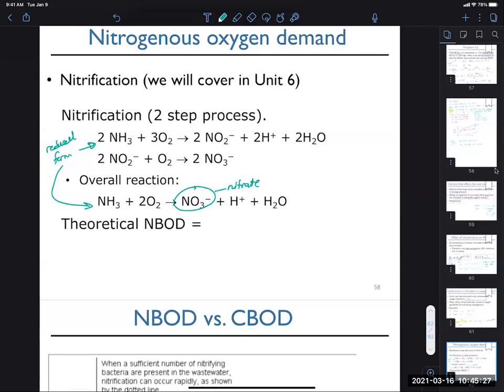Now, the theoretical NBOD, we're not going to talk too much about this, just give you the definition. It's going to be the grams of O2 that are utilized divided by the grams of N oxidized.